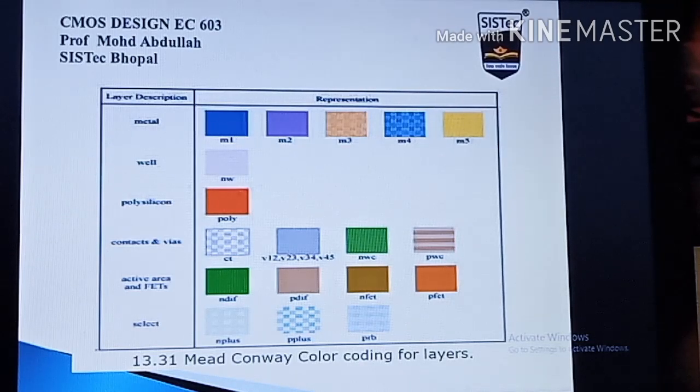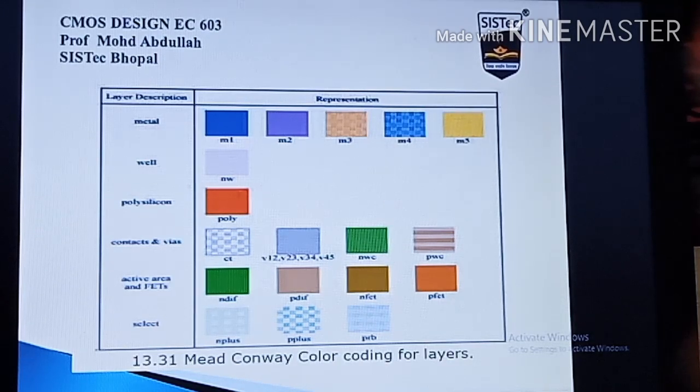For the metal interconnection, we have different layers: M1, M2, M3, M4, M5. These are the different color coding schemes for the metal, for example blue, light pink, yellow, then a lightish green color. These metal symbols are used for selecting the points for the metal contacts.